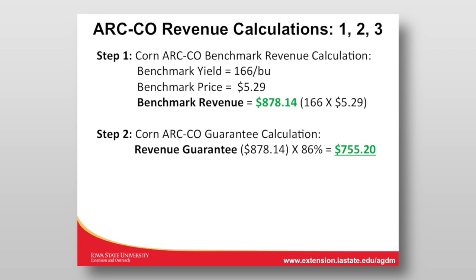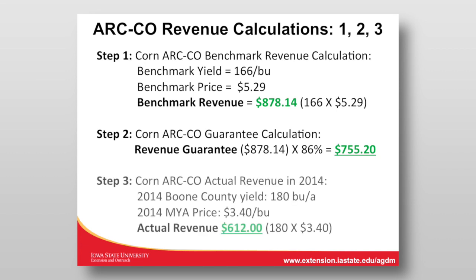We'll need to know what the county yield is, and in this example I'll estimate, but it will be every bit of spring or summer of 2015 before we'll know our final county yield. It'll be called the FSA yield. Let's use 180 bushel per acre, and let's multiply that times that $3.40, again, that midpoint from the WASDE.